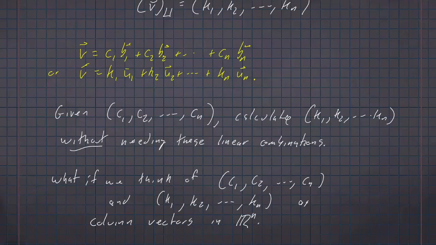we have ordered n-tuples of real numbers. And given an ordered n-tuple of real numbers, we can treat it as though it was a column vector in the Euclidean vector space Rn.